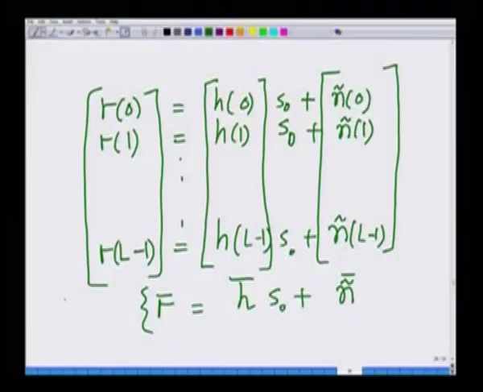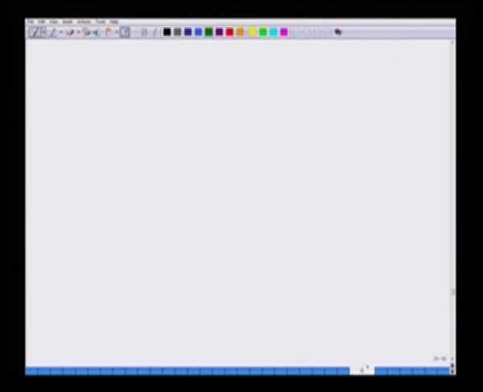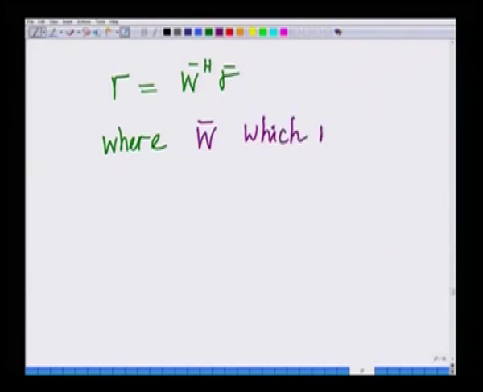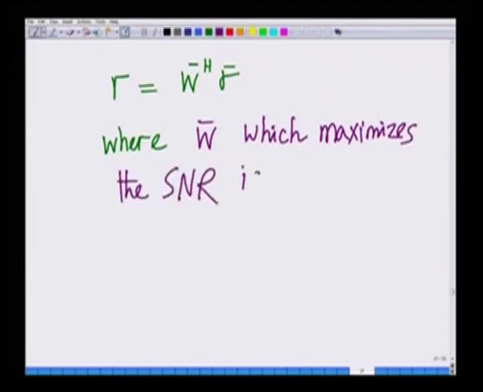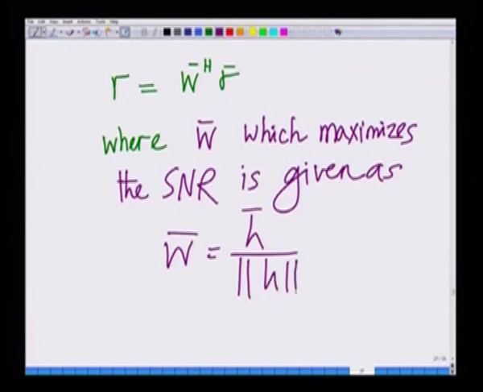So, this is the receive diversity in a CDMA system, and the optimal combined statistics R is generated as W bar Hermitian R bar, where W bar which maximizes the SNR is given as W bar equals H bar divided by norm H.